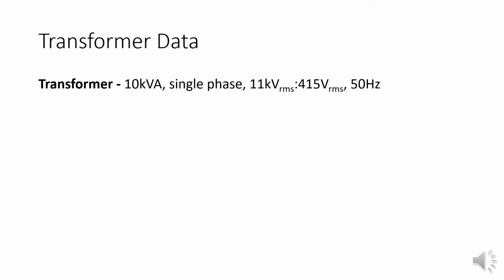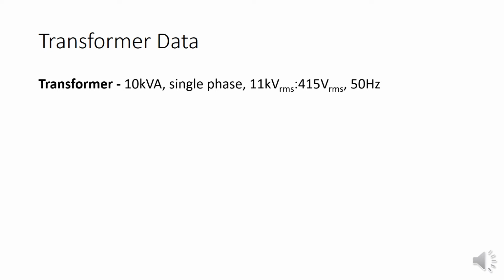If you can remember, what is the turns ratio? The turns ratio is the primary voltage divided by the secondary voltage. As you can see here, the primary voltage level is 11 kilovolts, and the secondary voltage is 415 volts.